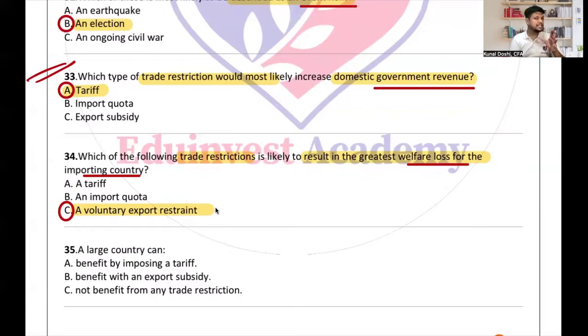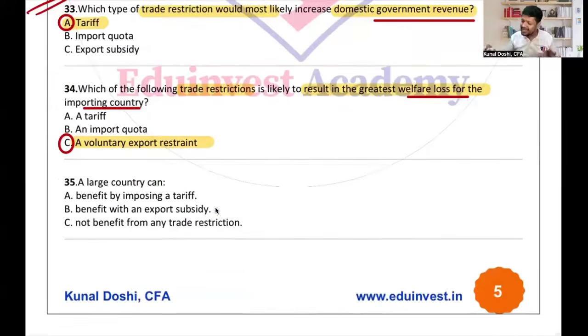So Japan being very smart, the prime minister said, I'm unable to answer your question. You can go to YouTube and watch this. He so smartly answered that even Donald Trump started laughing. So Japan is a very nice example of that: before you put tariff on me, I will stop selling you more cars. That's voluntary export restraint.